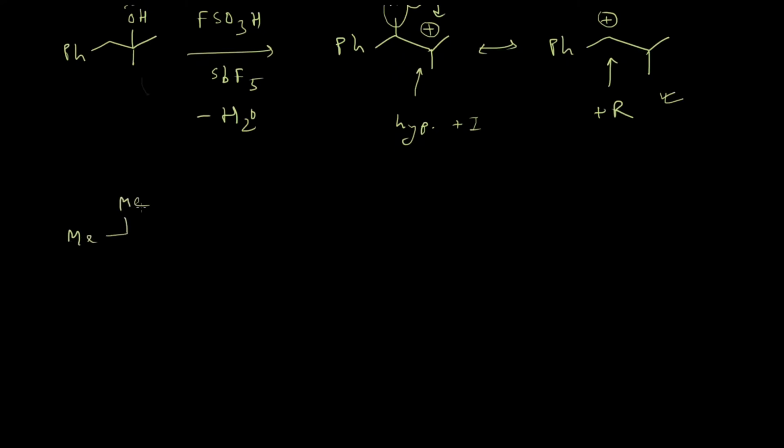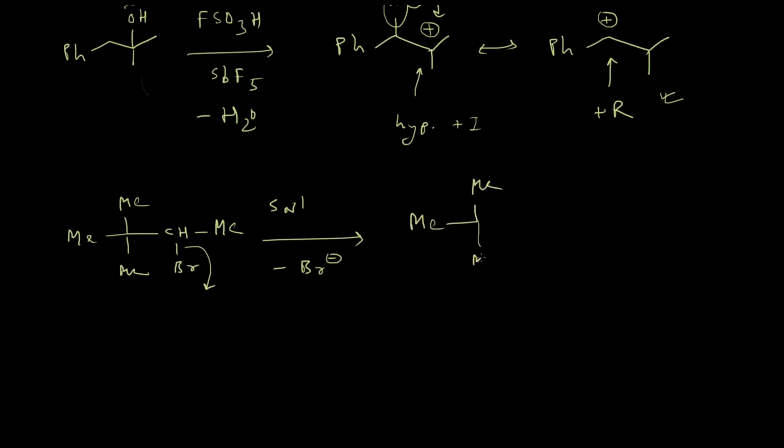Suppose we have this neopentyl bromide. In SN1 condition, this bromine will leave from the system as a bromide, and this neopentyl carbocation will be formed. Here also we can see that it is a secondary carbocation.